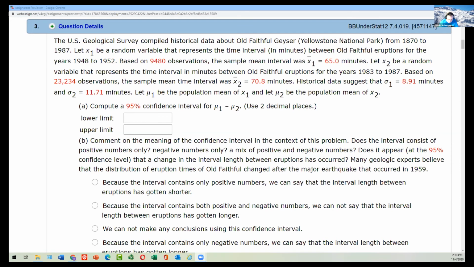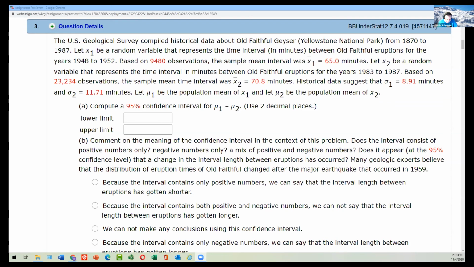And then population 2 is the second population. And this was from 1983 up to 1987. And during that time, reading on a little bit further, that was 23,234 observations.